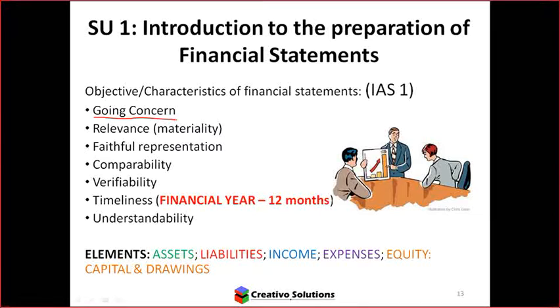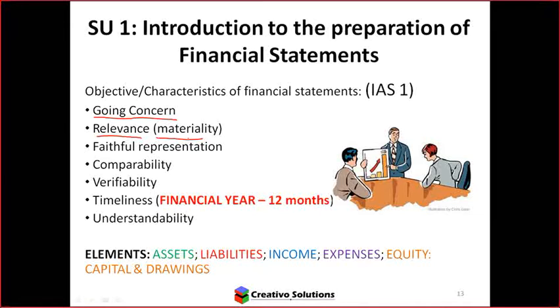It means if a business is going to carry on. Correct. Okay, going concern means the business will continue to operate. Perfect. What is relevance? How relevant the information is to the business. Good. So do you agree relevance would be, is something material in terms of importance? So is it important enough to affect the decision making? That's what we need to decide.